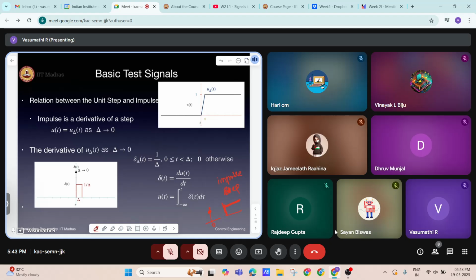This is a mathematical representation that you can learn from the video, but I want you to think intuitively about how we can connect these two things. At 0 point, I have an impulse signal. At 1 point, I have an impulse signal. At 2, I have an impulse signal. If I discretely keep on adding these to infinite time, can I say this is a step signal?